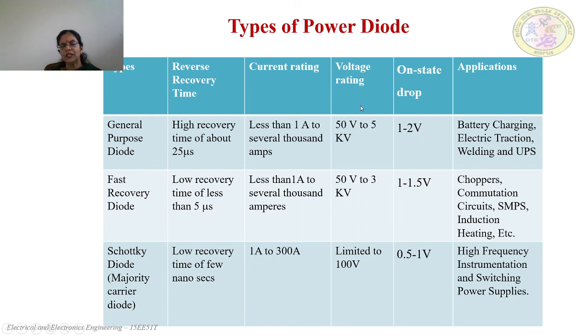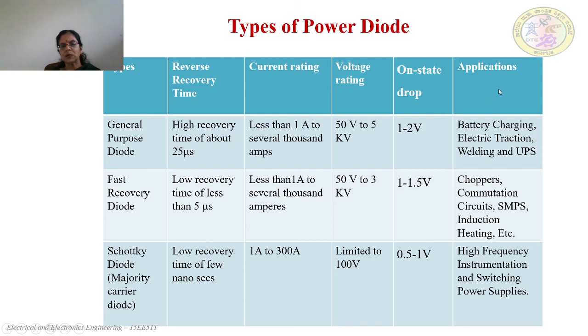Next, the voltage rating is 50 volts to 5 kilovolts, 50 volts to 3 kilovolts, and for Schottky it is limited to 100 volts. The on-state drop is 1 to 2 volts, in fast recovery diode it is 1 to 1.5 volts, and in Schottky diode it is 0.5 to 1 volts.